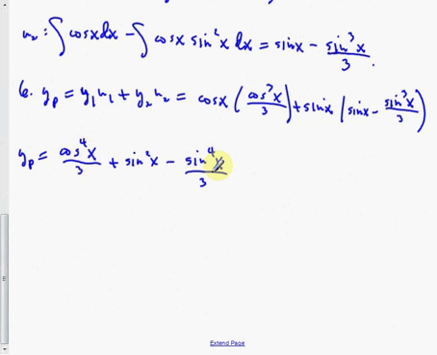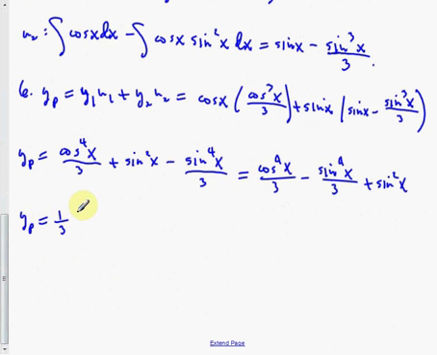So this is cosine to the 4th x over 3 minus sine to the 4th x over 3 plus sine square x. So y sub p, I'm going to simplify that. That's 1/3 times, that's the difference of two squares.